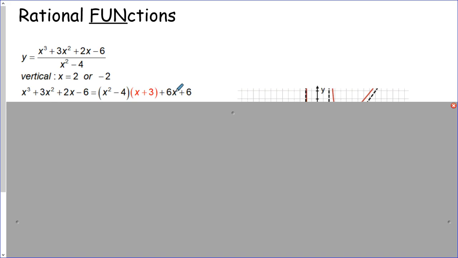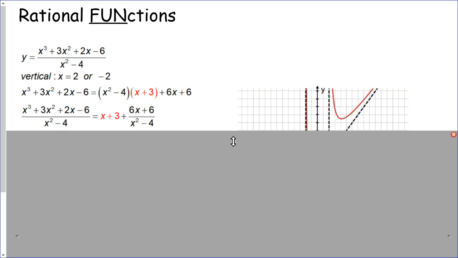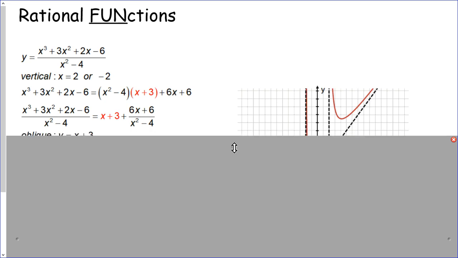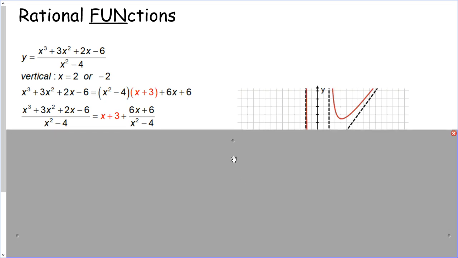If I work out the remainder, and the remainder is actually 6x plus 6, you'll now notice that if I divide through, this original rational function can be written like this. And again, this oblique asymptote is the piece in red. What's interesting is that people often have a misapprehension that a graph cannot cut an asymptote.